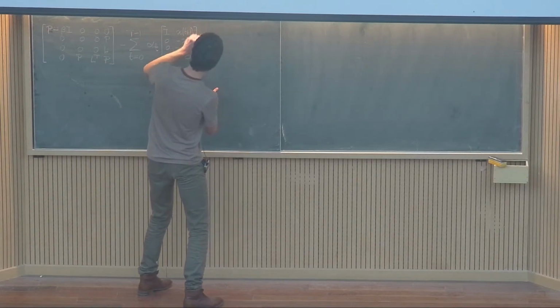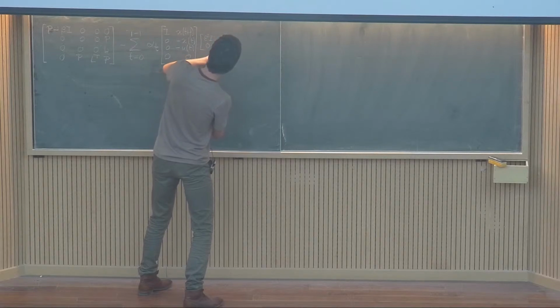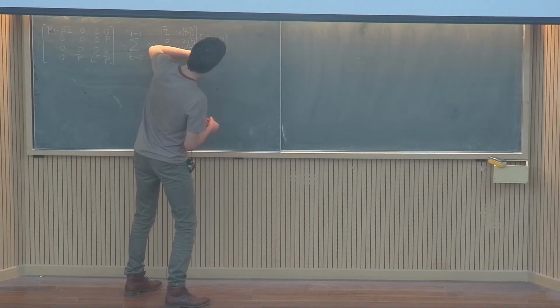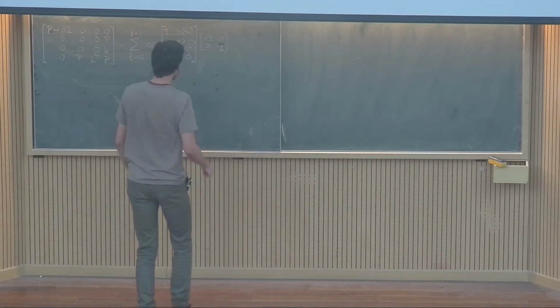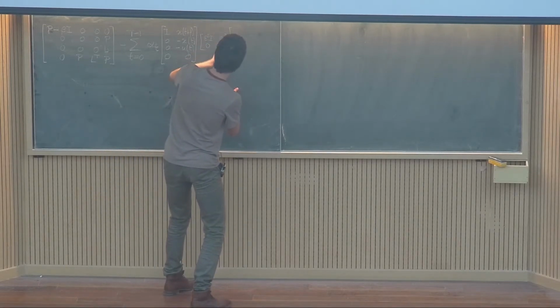So what is that? Well, that's epsilon squared identity, 0, 0, minus identity. In fact, in this case the identity is just 1 by 1, so I can write minus 1. And then I also have the transpose of this matrix on the left.